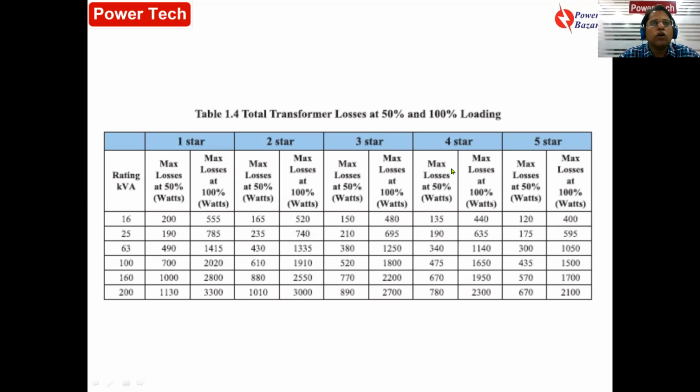Why has it been done? Earlier, utilities and electricity boards procured transformers without any guideline. To have standard labels and efficiency in the transformer, the standard labeling program has been designed. Suppose our total distribution demand is 2000 megawatt, then 1% loss will be how much? 2000 megawatt times 1% loss will be around 20 megawatt.